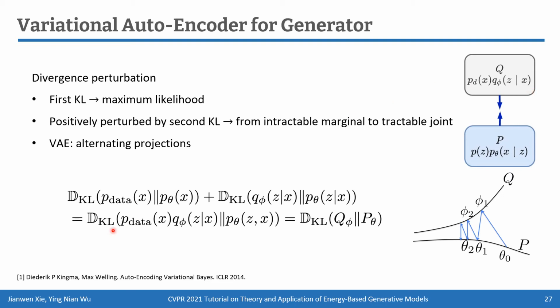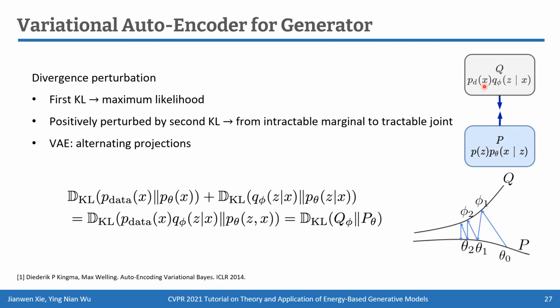And then we also have the data density p_data. So the expectation with respect to p_data can always be approximated by the average over observed examples, okay? And we have this p_data of x, and then we pair it with this inference model q_phi of z given x. So this gives us another joint distribution of x and z.